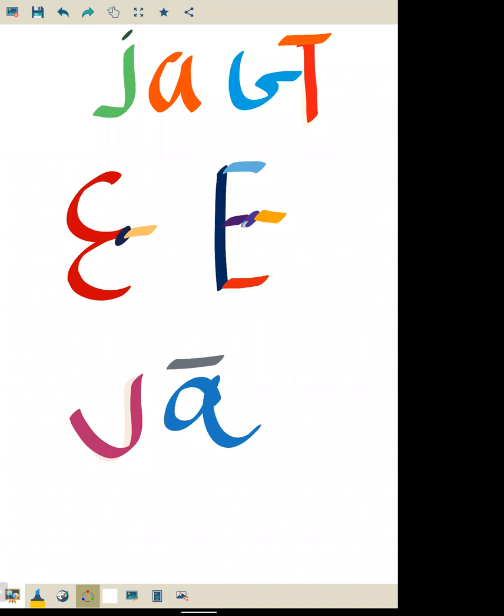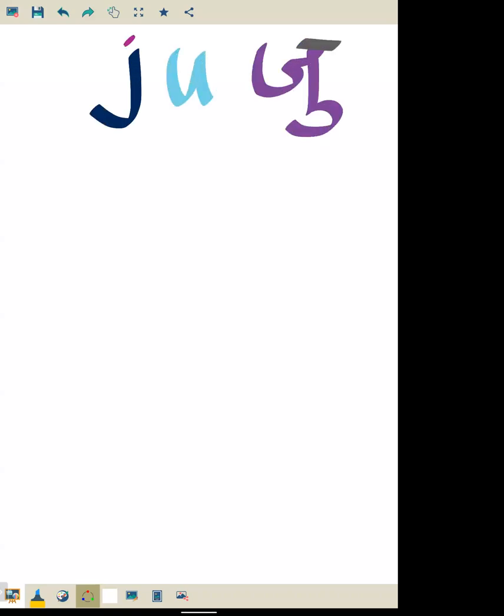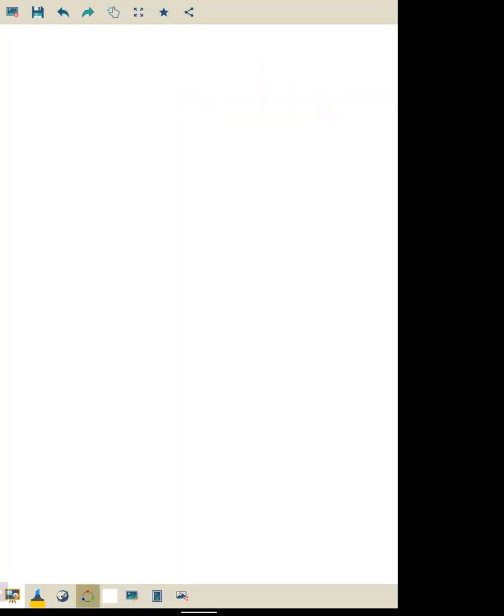So please note down. There is an extension, a horizontal line, followed by a dot. That's why we can recognize that it is ja instead of na. This is the very important thing, please remember. And then we are talking about ju or G. Sorry, we can go to G also.